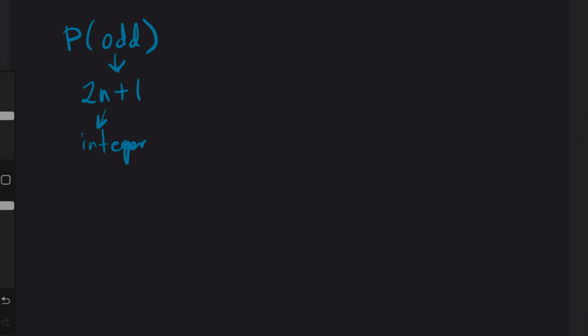So all odd numbers could be expressed by 1, 3, 5, 7, 9, because 1 is whenever n is equal to 0, 3 is whenever n equals 1, 5 is whenever n equals 2, and so on and so forth.